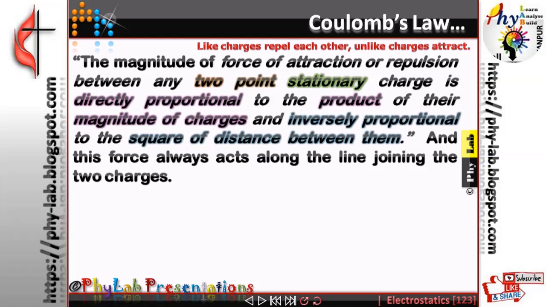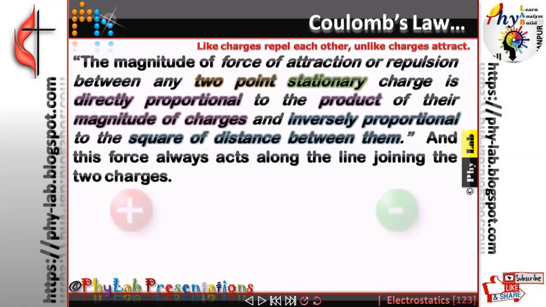The dimension of the charged body should be very, very small in comparison to the distance between the two charges. Friends, if the body is not a point charge, then Coulomb's law cannot be applied. We need to develop some other mechanism, some other laws in order to find out the force between the two charges, and that we will be learning in Gauss law, friends.